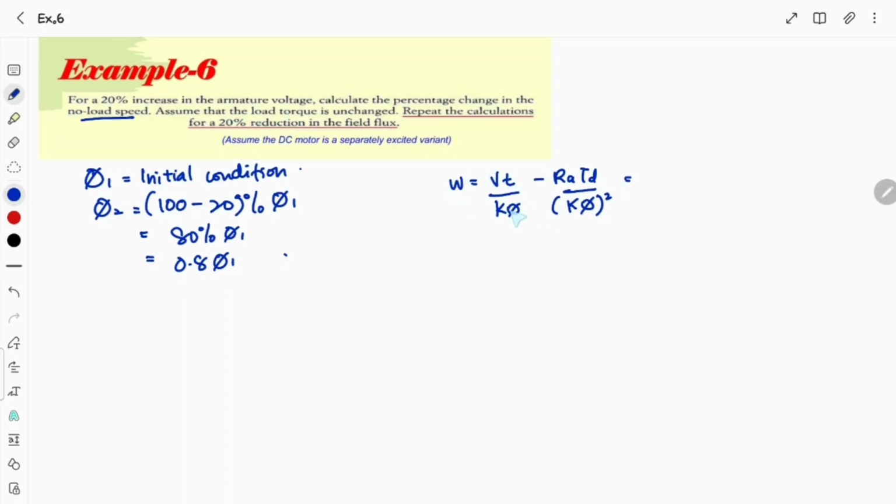You can see from the equation that the reduction in flux involves both the first and second terms of the equation. And this first term, we know that it is the no load speed and the speed drop. So we can look at the effect of this reduction of flux on the no load speed and also on the speed drop.